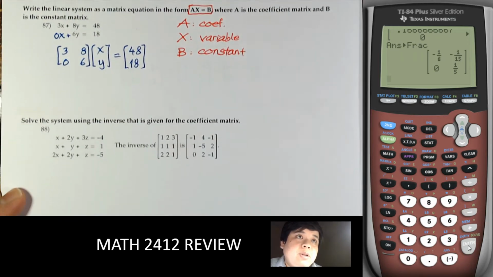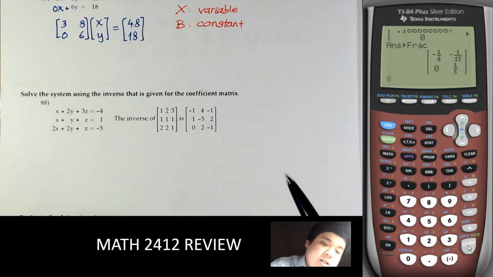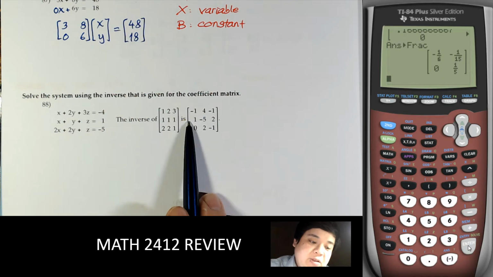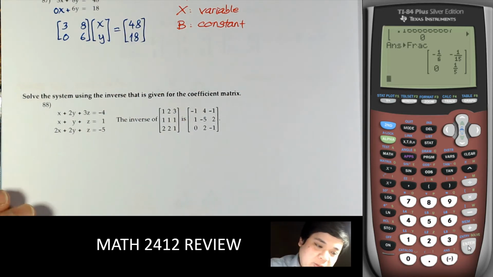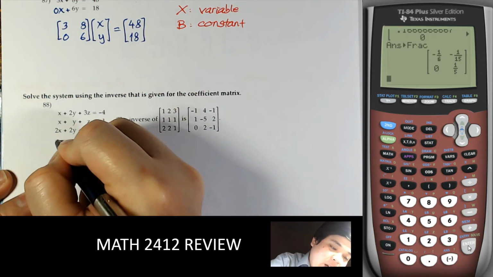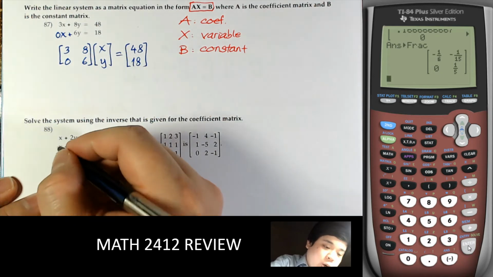Next, on this one, we actually have to solve it. So solve the system of equations using the inverse. Because on this one, they give us the inverse. But we can just use a calculator. First, we have AX equal to B. A is the coefficient matrix.